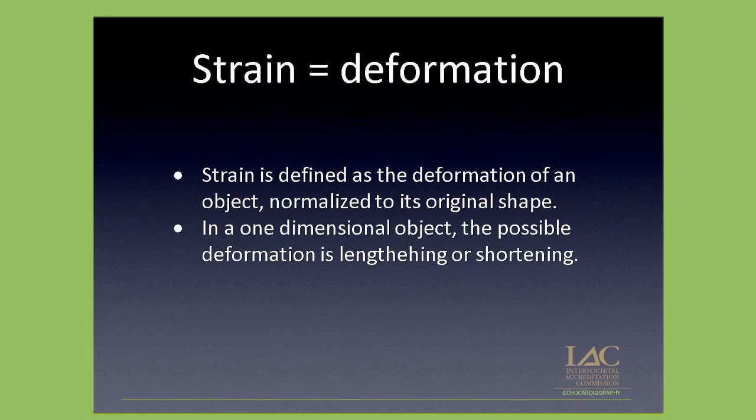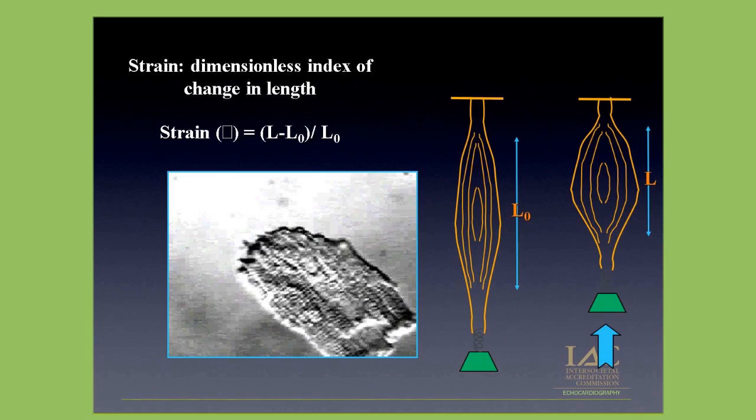So what is a strain? A strain is defined as the deformation of an object normalized to its original shape. So in a one-dimensional object, there are only two possibilities: you are lengthening or you are shortening. So which object are we talking about? Obviously, we're talking about the cardiac myocyte.